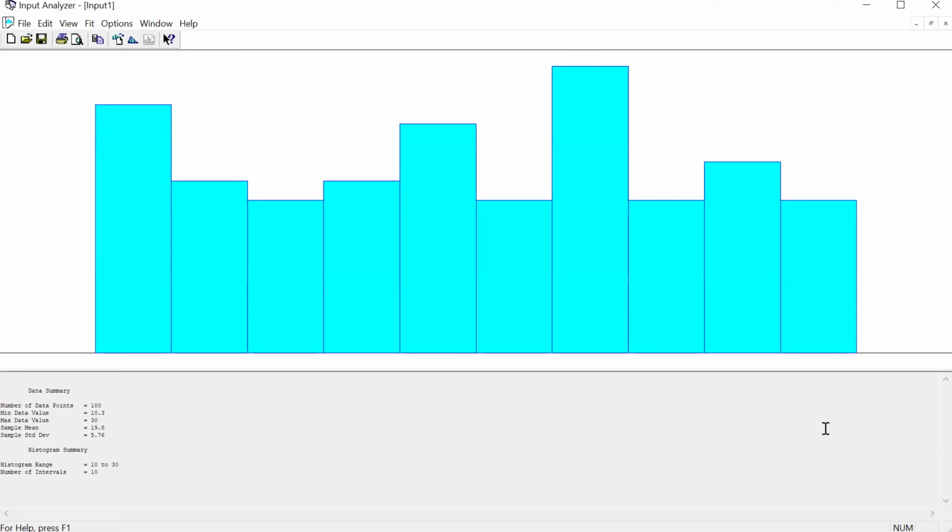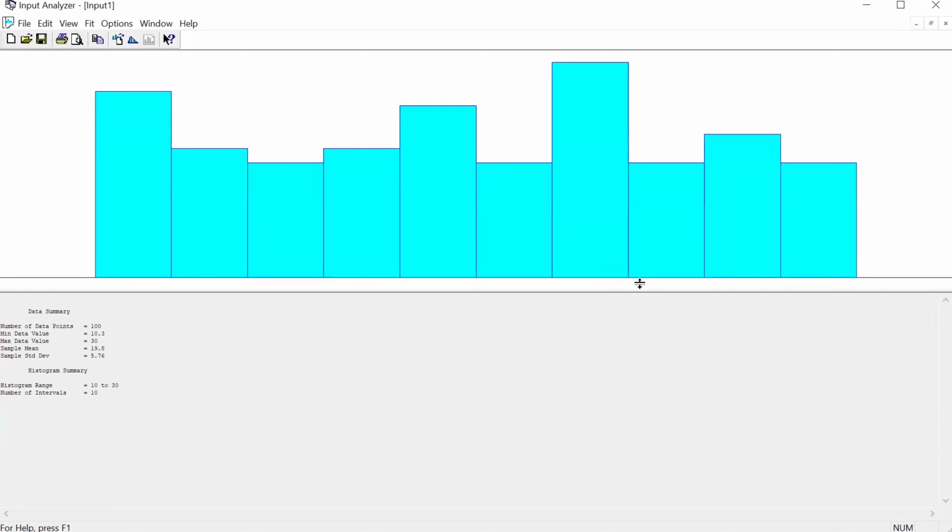Okay, so you'll see that once you open that file, you get the histogram and you get the data summary, how many observations, the minimum, the maximum, the sample mean, standard deviation. And this automatically uses 10 as the number of intervals. That is something that we can also change. That's something that I advise the students to do.